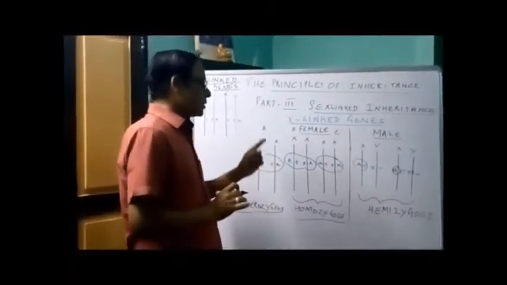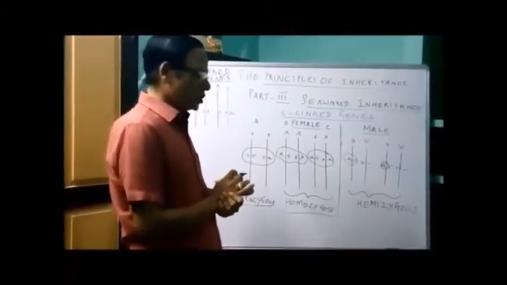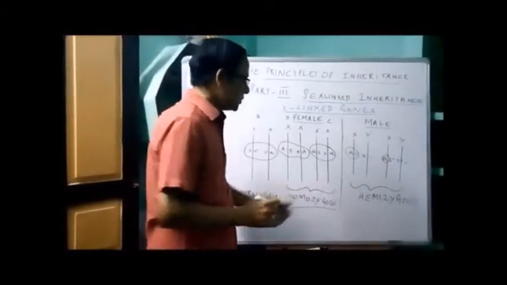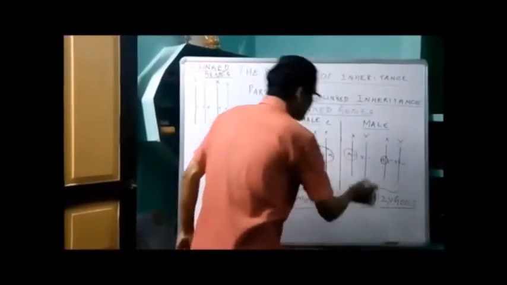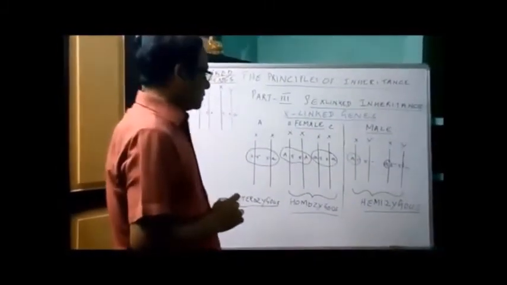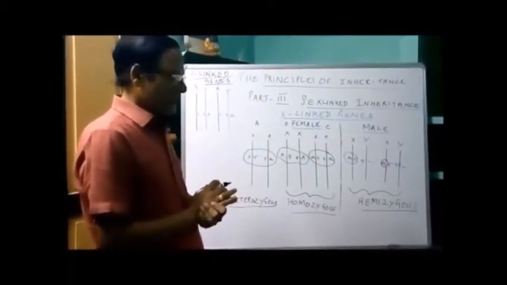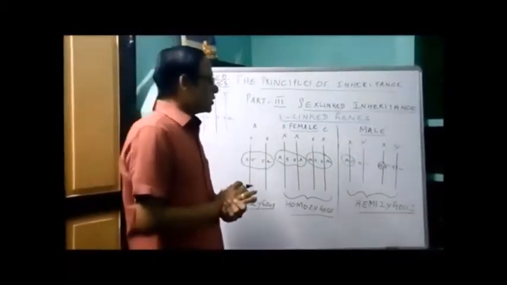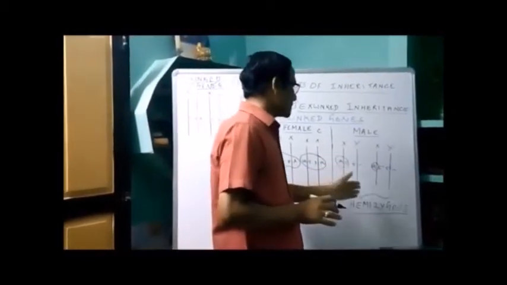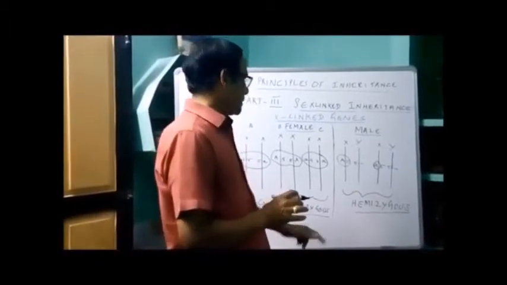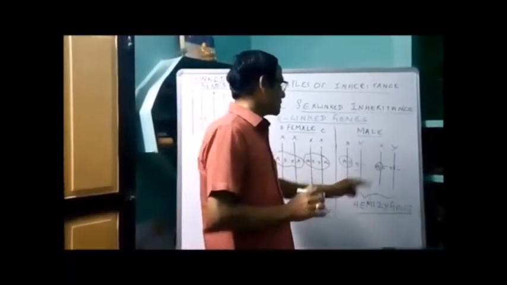So, as they have only one gene or allele for a character or a trait, that is considered to be hemizygous. So, the females are either homozygous or heterozygous for a particular trait, whereas the males are hemizygous because they have only one allele for that particular character, either the dominant allele or recessive allele.